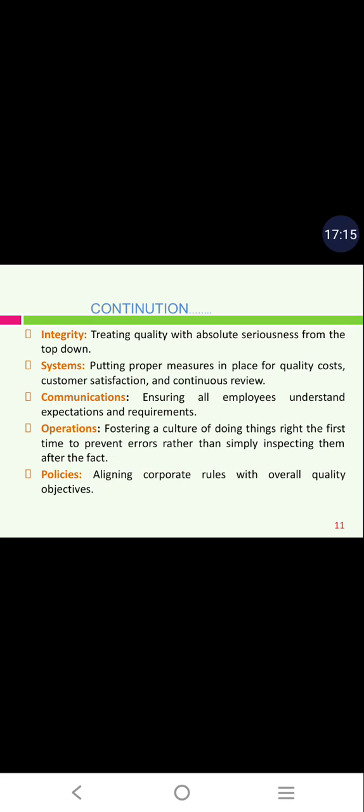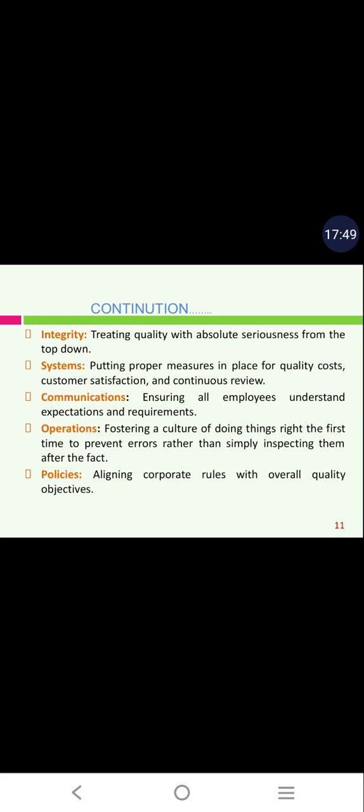Quality cost is the cost occurring due to unwanted defects, scrap, rework, and so on. To avoid those things, proper measures have to be taken so that the customer will be satisfied, and continuous review of that process has to be taken into consideration. So that is called the system.